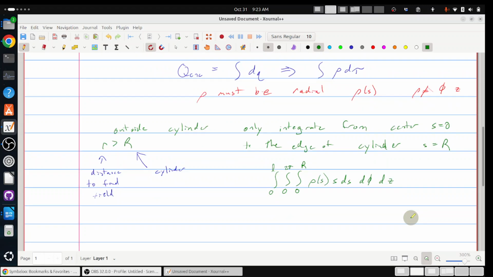And it's important to realize here that my Gaussian cylinder has to be smaller than the length of the physical cylinder, such that we're near the center.